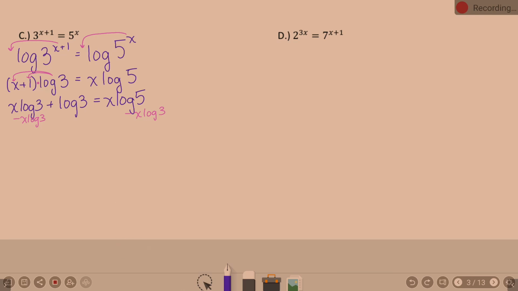What remains on the left then? Log 3. Log 3. On the right, we're going to have x log 5 minus x log 3.